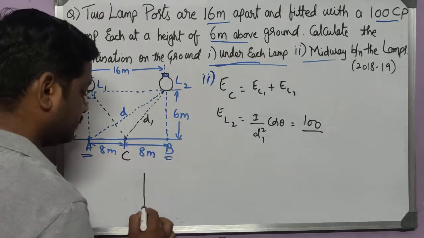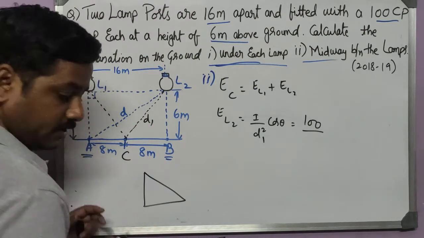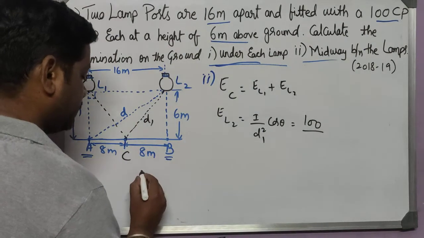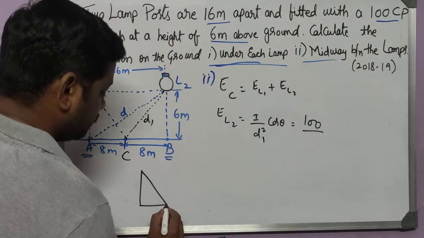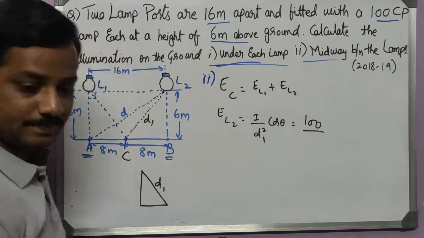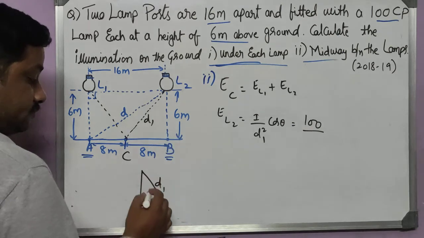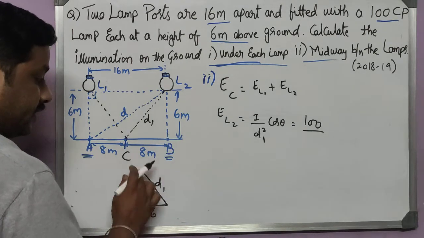So how to find d1? Let me take this triangle like this. Just a minute, let me draw it neatly. It's a right angle triangle. This is d1, and we have a right angle here. This is 6 and this is 8.